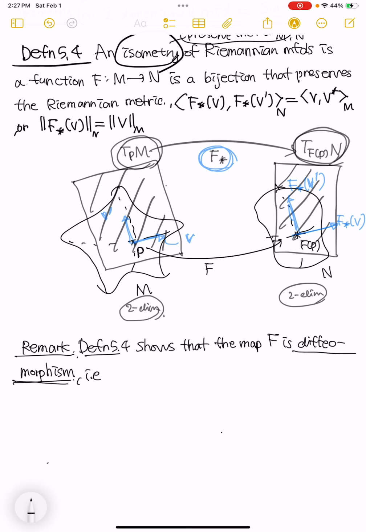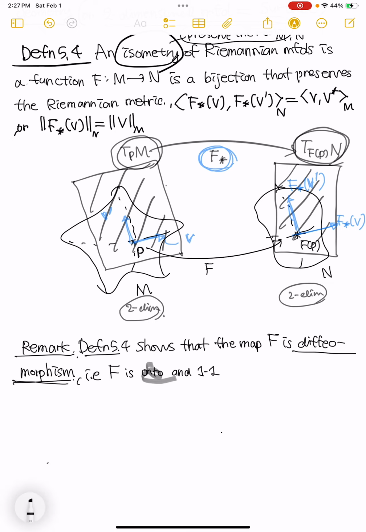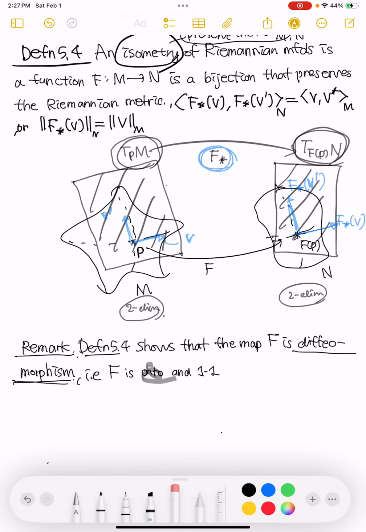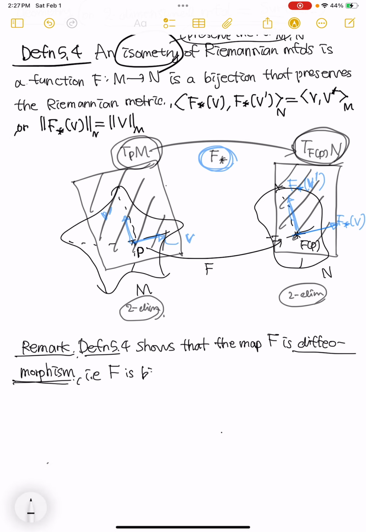That means that F is one-to-one and onto, bijective.